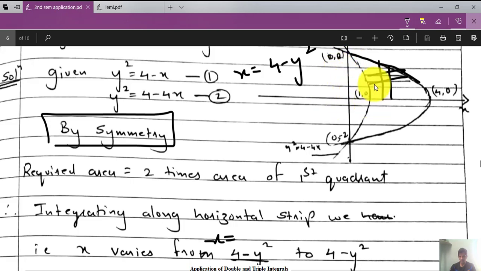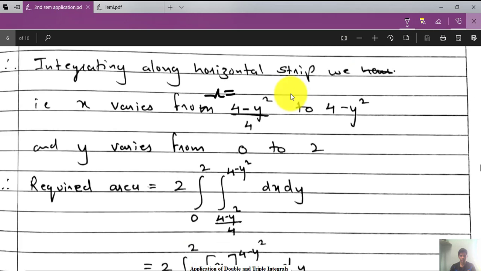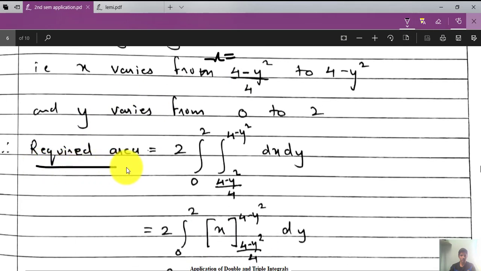Do not take 1 to 2 by mistake, because here the maximum value is 2, so y ranges from 0 to 2. Therefore the required area is 2 times the integral from 0 to 2 of the integral of dx dy, with x from 4 minus y square divided by 4 to 4 minus y square.